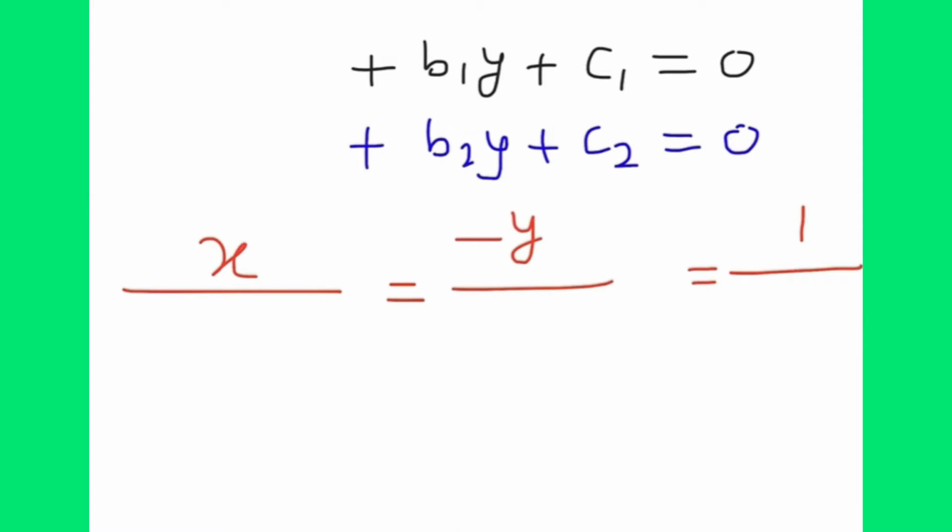Now you cross multiply: first b1 multiplied by c2, and you write it just under the value of x, that is b1c2, then put the negative sign, always negative sign, and after that c1b2.